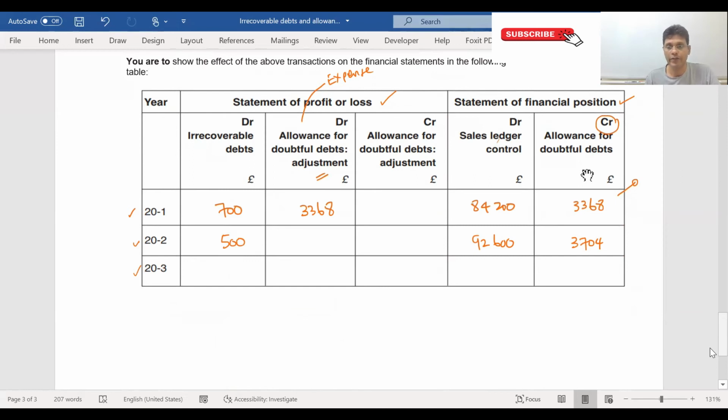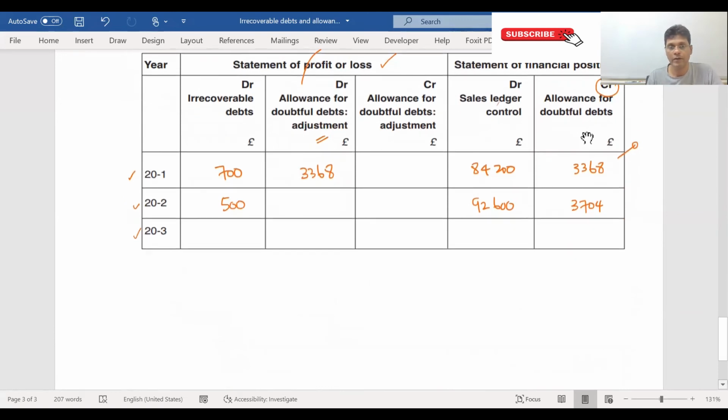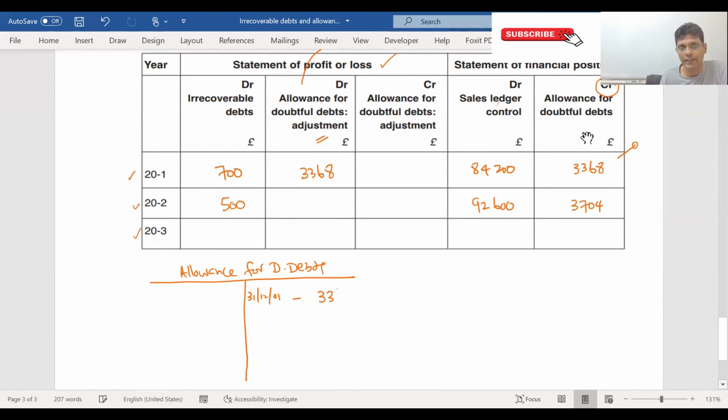Okay, so when you take the allowance for doubtful debts account, if you take a T account, allowance for doubtful debts. On 31st December 2001 we had an opening balance of 3368.